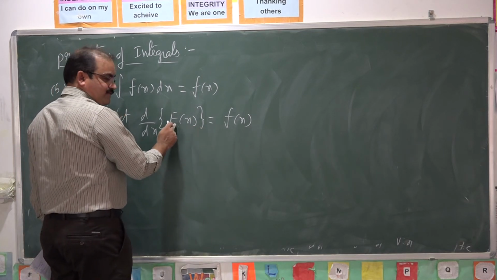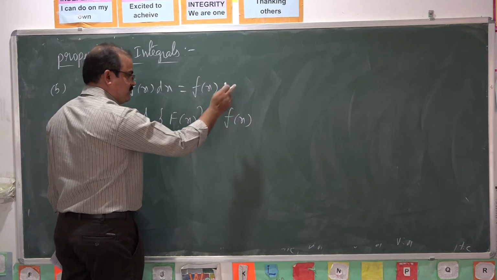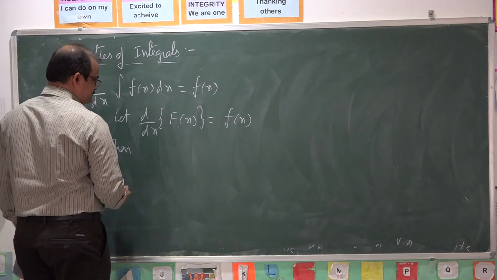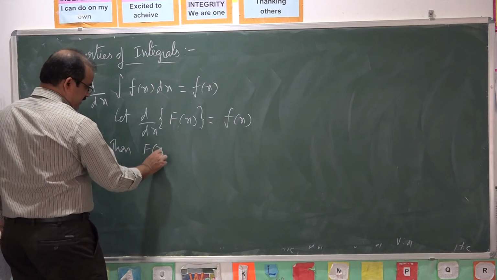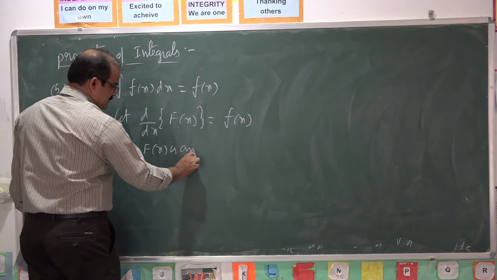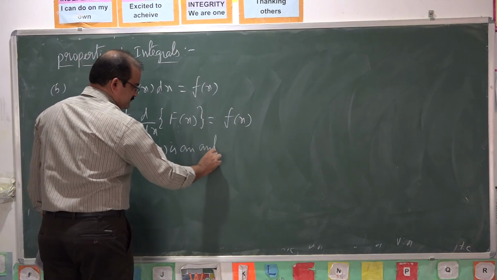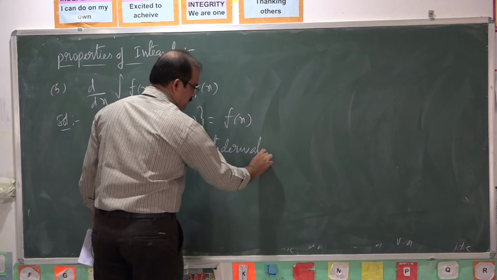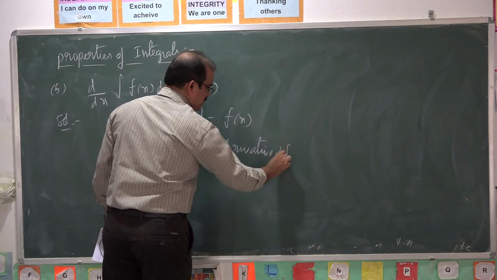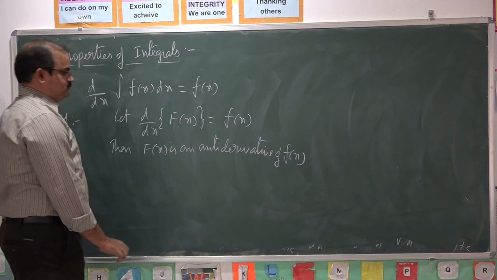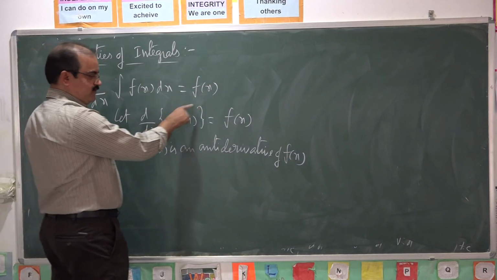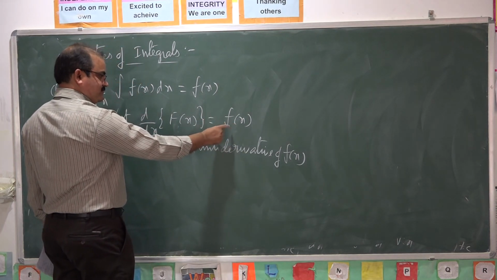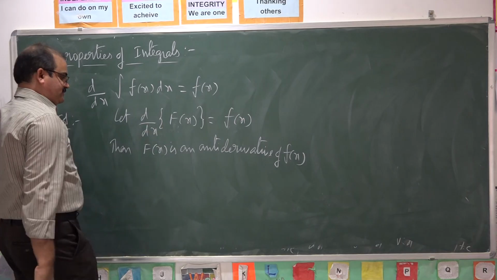So capital F of x is an antiderivative of small f of x. If derivative of capital F of x is small f of x, then antiderivative of small f of x is capital F of x.